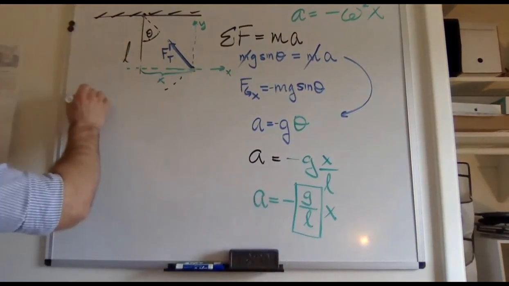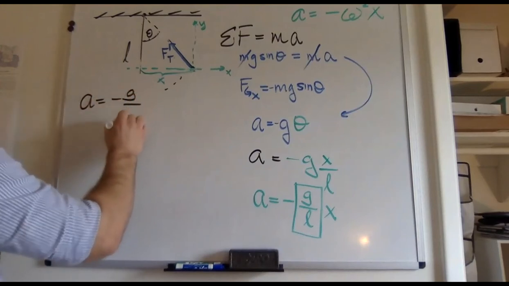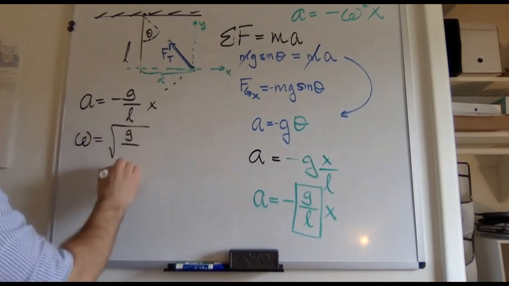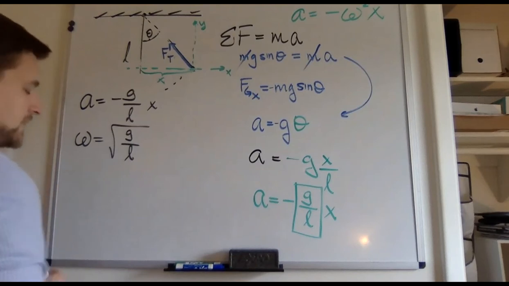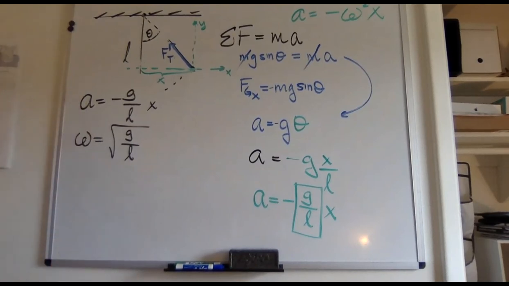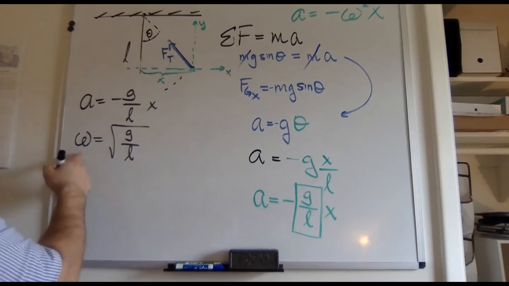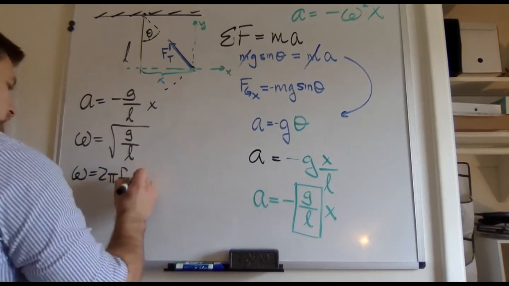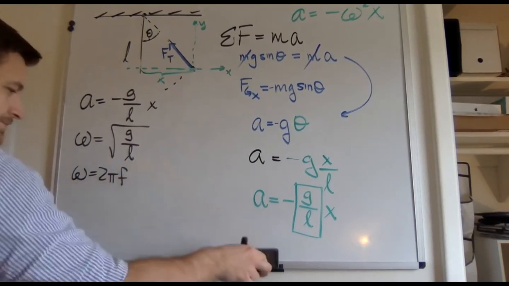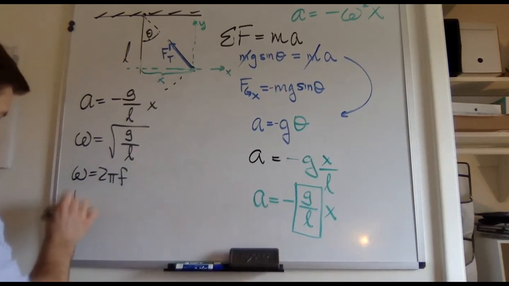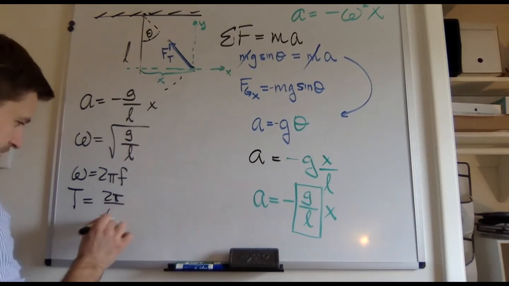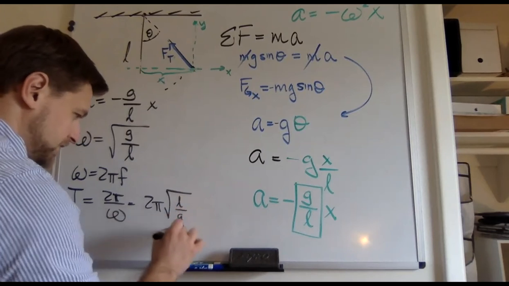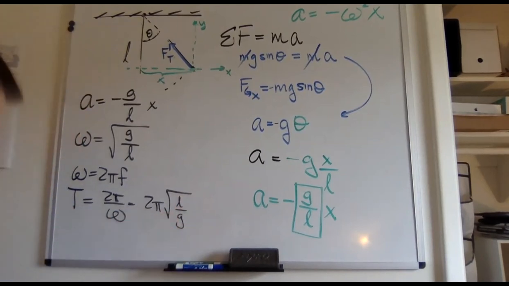As soon as we say this, a equals negative g over L x, well, that means omega is square root g over L. Omega is 2 pi f, or capital T is 2 pi over omega, so this is 2 pi root L over g, so we've got that formula there.